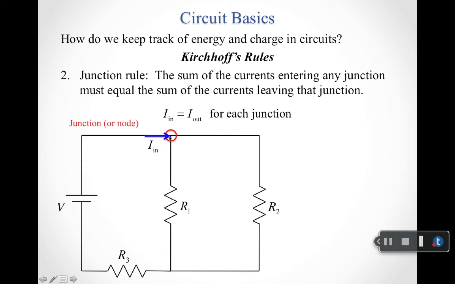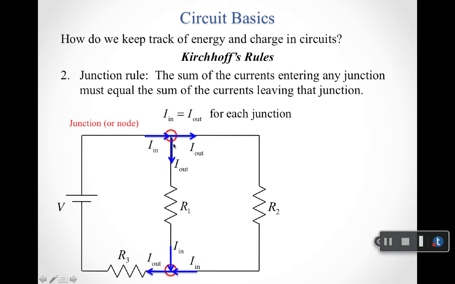So there's going to be some current coming in from the battery, and then there's got to be some current going out, in this case, to our 2 resistors. All the junction rule says is the amount of current that comes in has got to be equal to the amount of current that goes out. You've got a second junction down here, and so our junction rule has to apply.